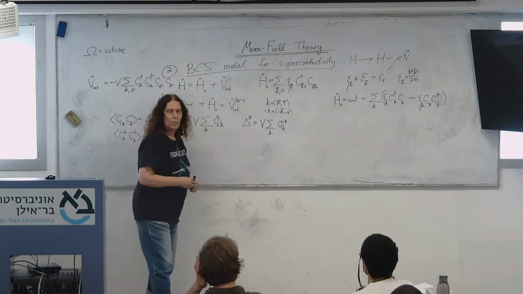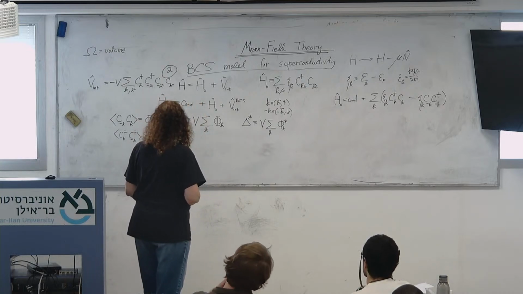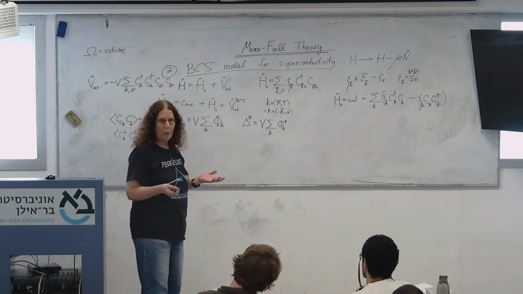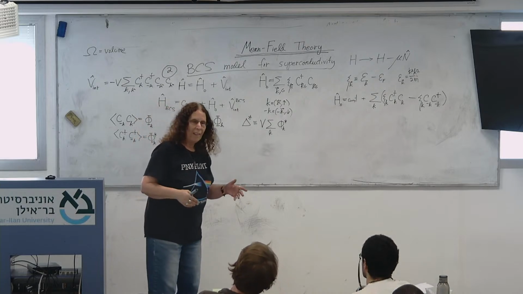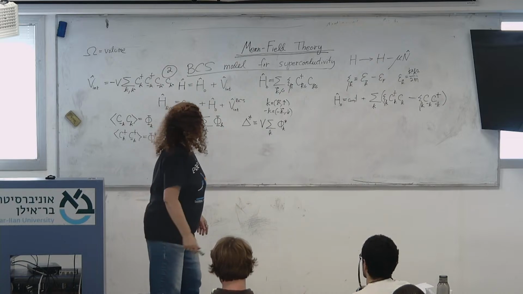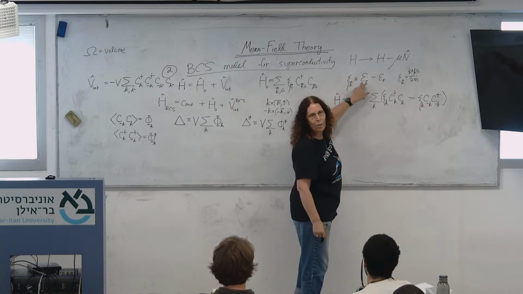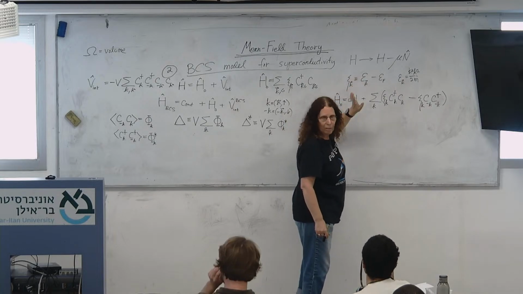What with the C dagger and C expectation value? C dagger C, it's just occupation. That will give you some Hartree-Fock. I already included it, if you like, in the definition of epsilon. In the constant. Right.